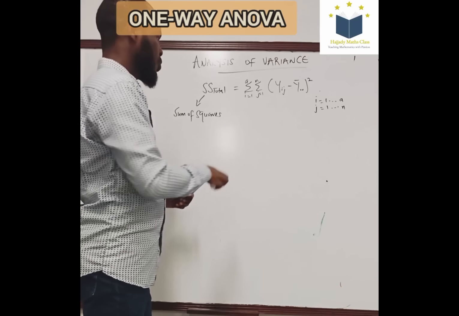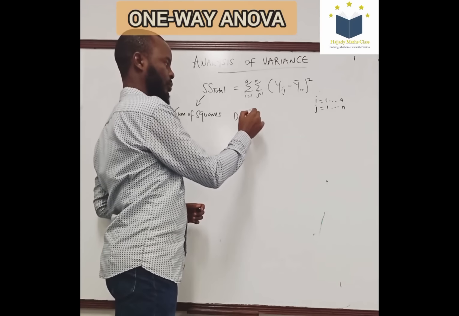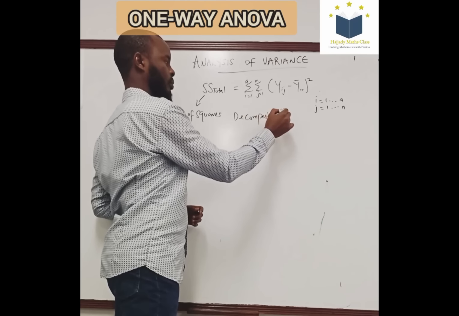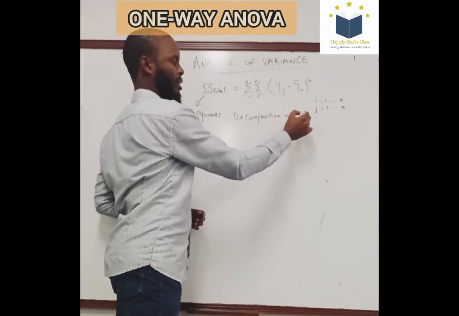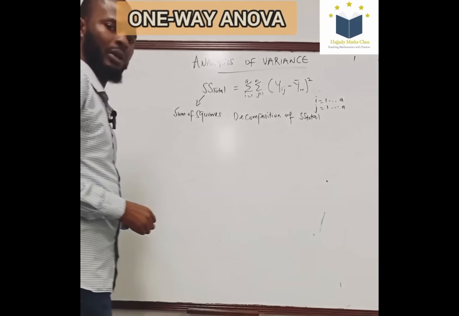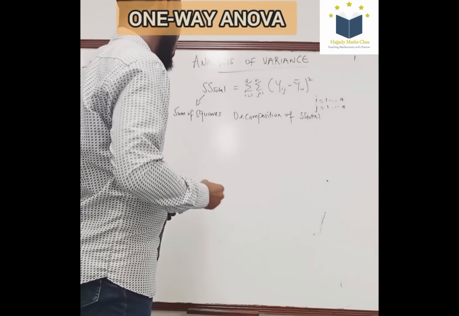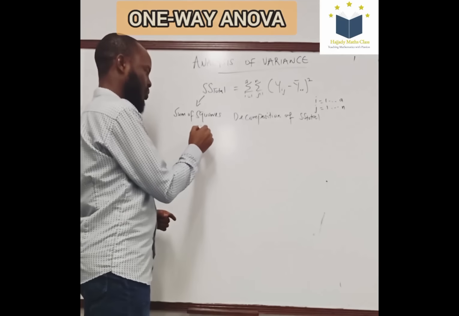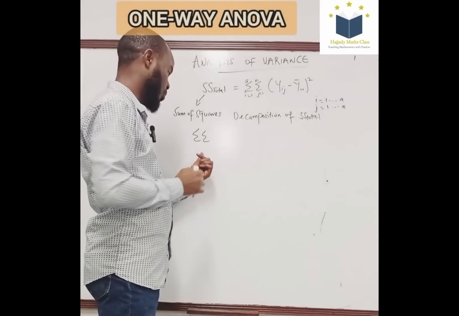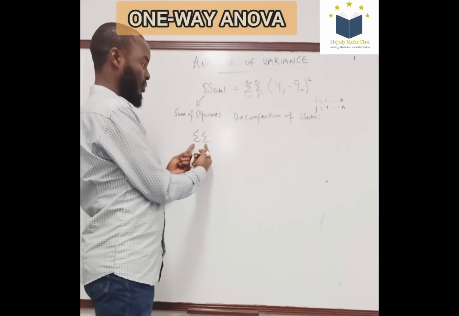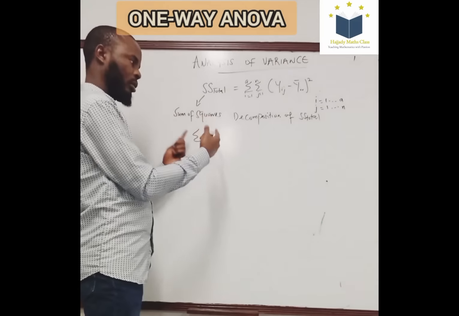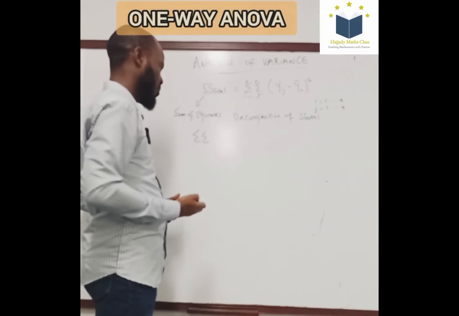Now, we want to decompose this. So what we want to work on is the decomposition of our SS total. So how do we decompose our SS total? That's what we want to work on. So we have our SS total to be double summation. In this work, I'm going to omit the notation i to a, j to n, but when I need it, I'm going to make use of it.